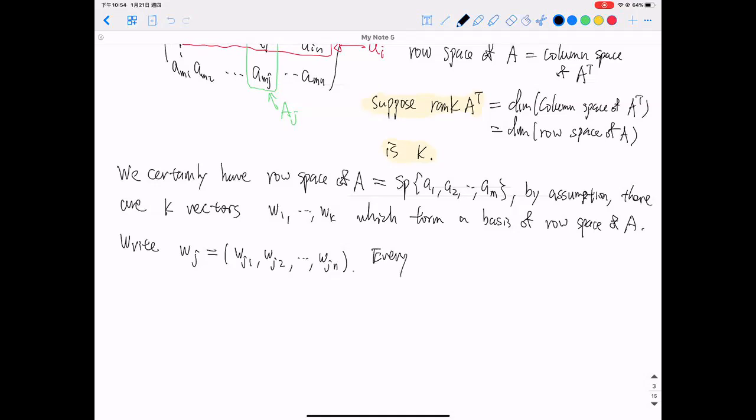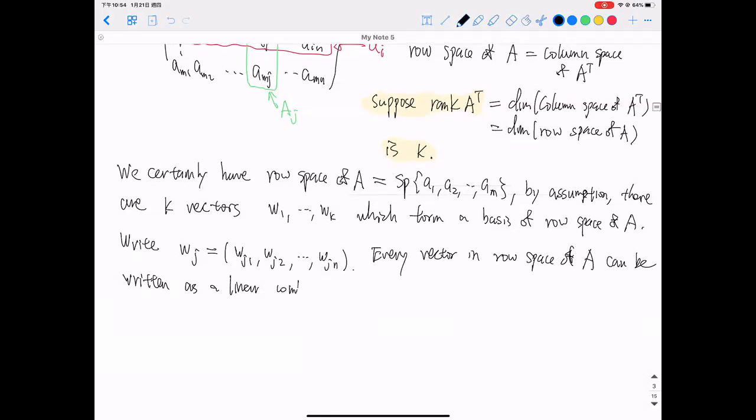So every vector in the row space of A can be written as a linear combination of the basis vectors of our choice, W1 through WK. In particular, those row vectors A1 through AM.